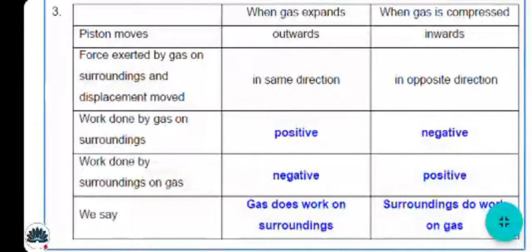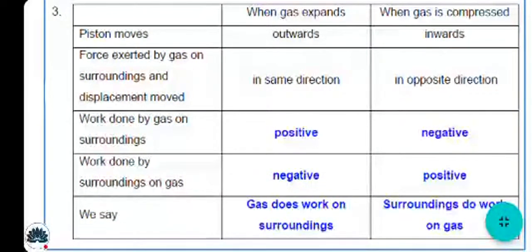Work done by gas on the surroundings is positive when the gas expands. I'm not saying that it is on the gas. Work done by the surroundings on the gas: what is the effect? When the gas expands, the work done is negative, because it is work done by the surroundings on the gas.